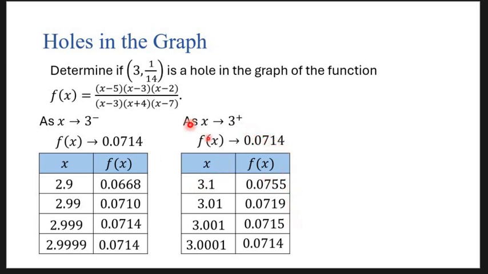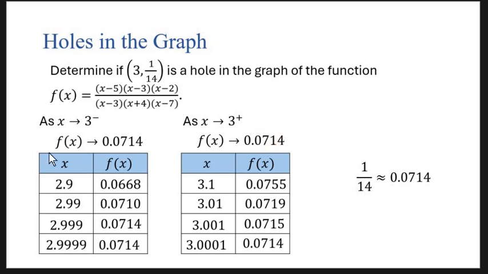And as it turns out, 1 over 14 is that same number. So as x approaches 3 from the left and from the right, f of x is approaching 1 over 14. So therefore, (3, 1/14) is a hole in the graph.